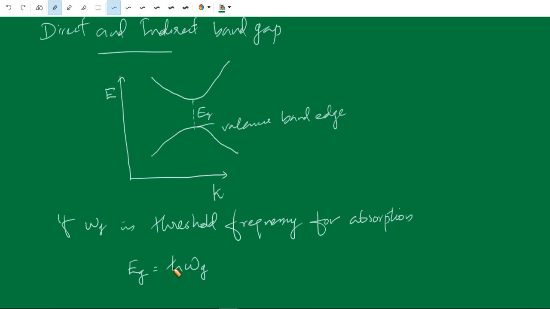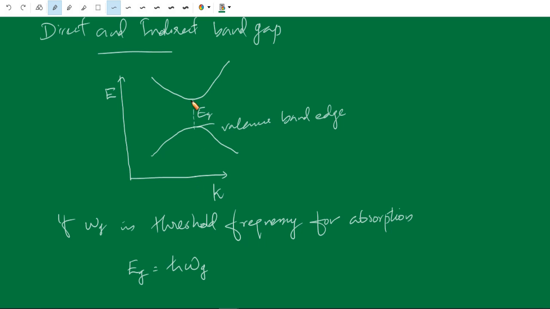So the electrons from the valence band go to the conduction band. If a photon of this energy is absorbed by a crystal and an electron hole pair is created, such crystals have a direct band gap. The conduction band and valence band edges happen to be at the same wave vector k.